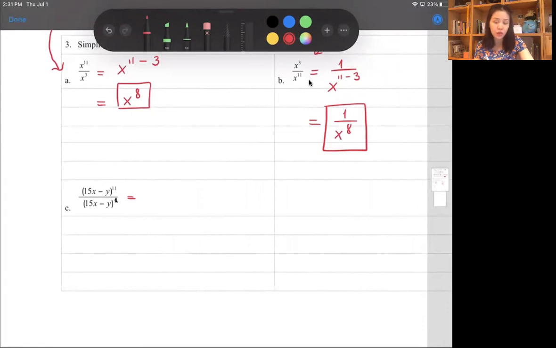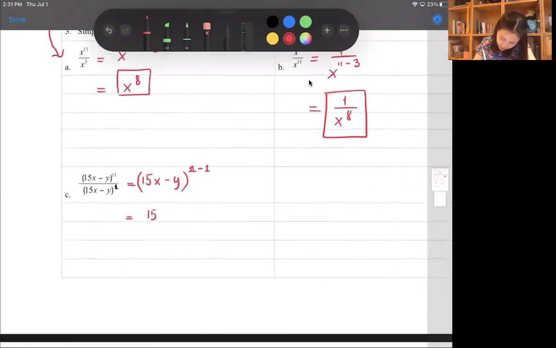So we can apply the quotient rule. This is equal to 15x minus y to the 11 minus 1. Since the degree of the top is bigger than the degree of the bottom, this is the first rule, so it's equal to 15x minus y to the 10.